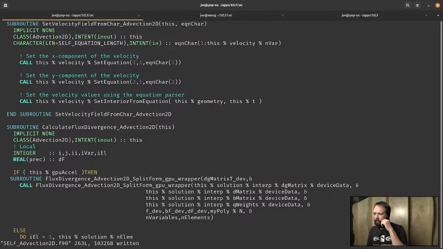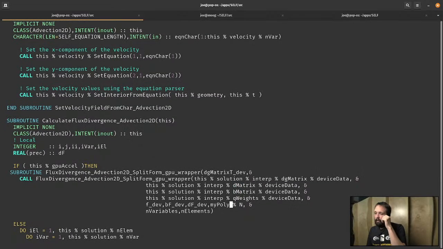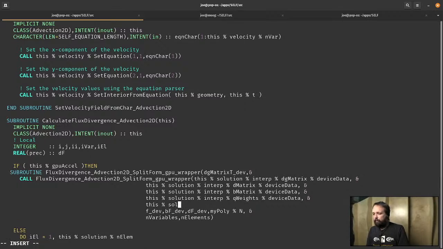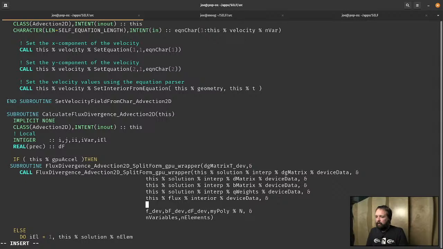Now I've got, so fdev is going to be flux percent interior, right? Percent device data. And let's go take a look at that interface and make sure I get the ordering right here.